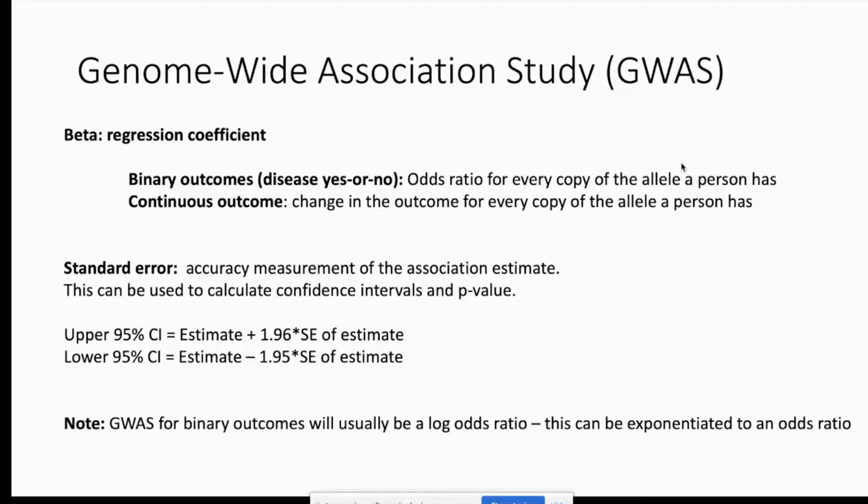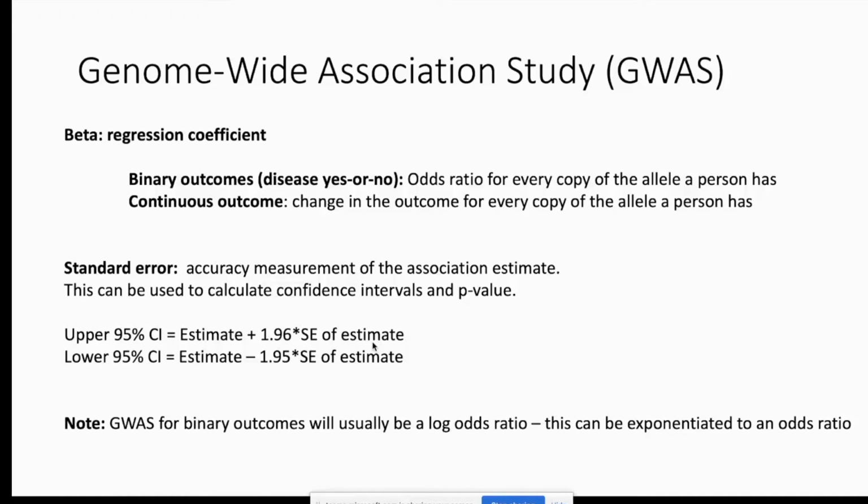The confidence interval commonly would be the 95% confidence interval, and this is a range of values within which we have a 95% probability that the true value occurs, and that's calculated using the standard error of the estimate. We look at the estimate and then define the upper and lower boundaries by adding or subtracting 1.96 times the standard error of the estimate, and this is based on normal distributions.